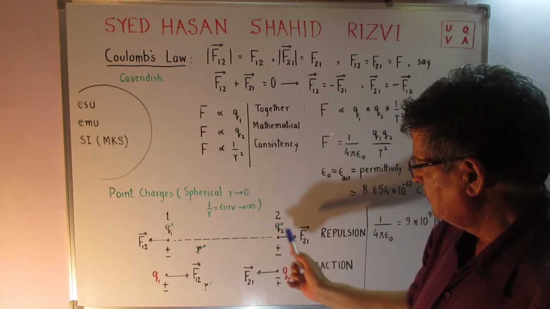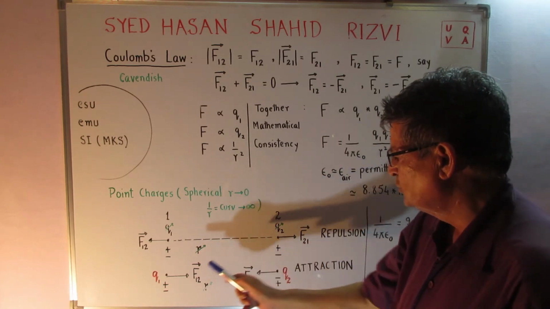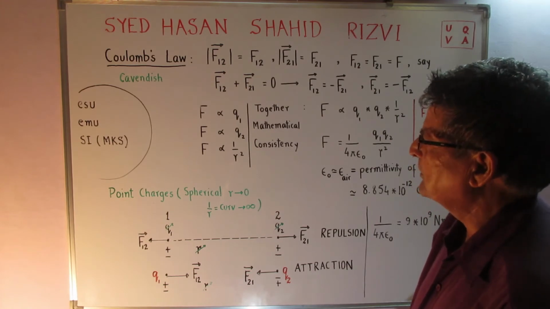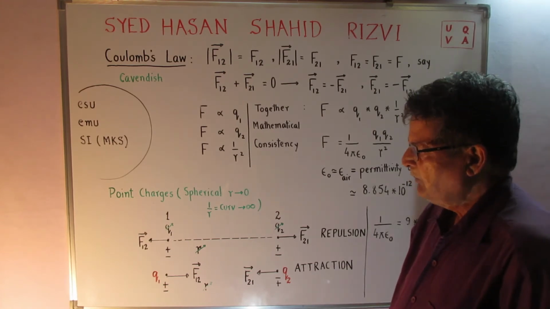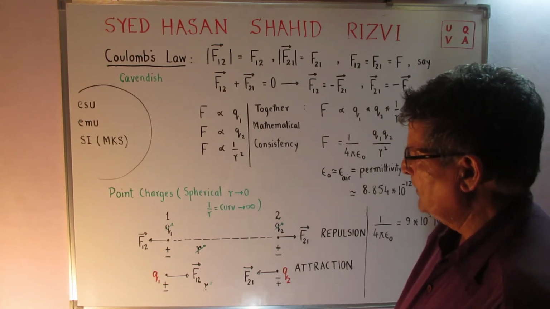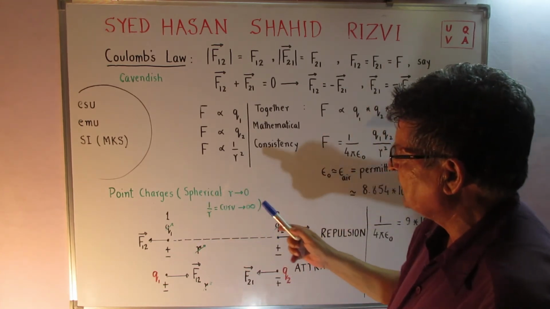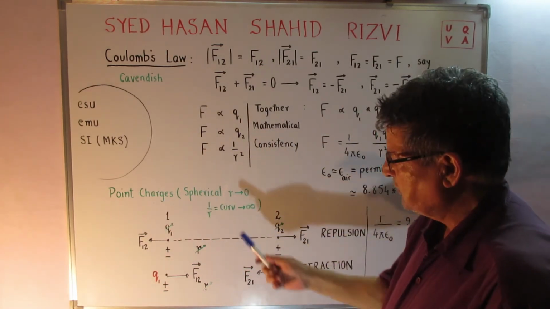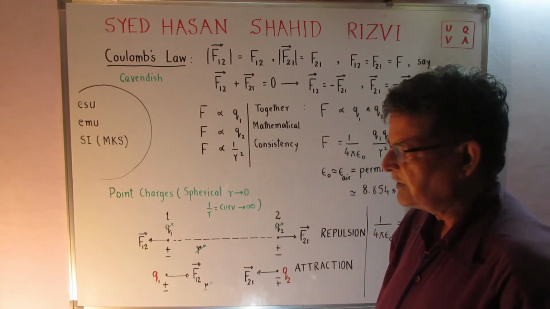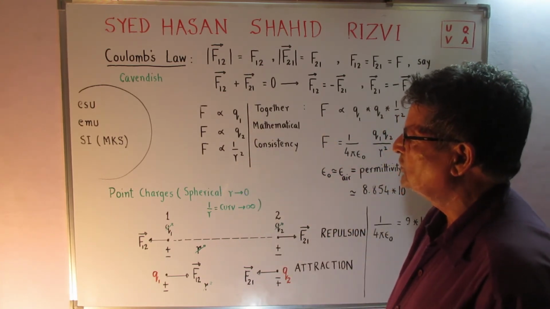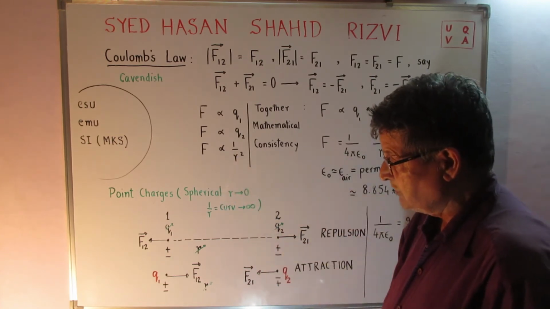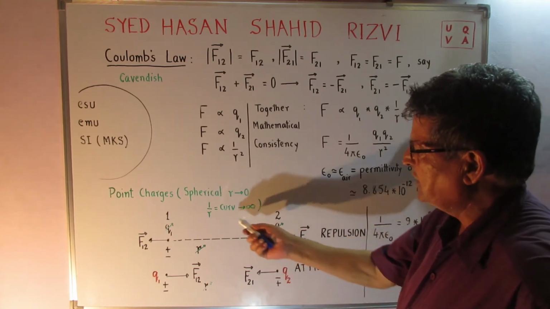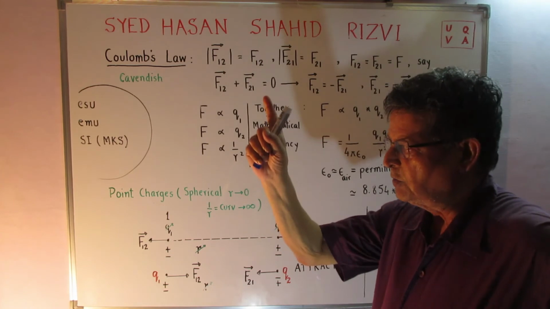Now, I told you that these are two charges put here and here, Q1 and Q2, positive or negative, whatever. But one thing I must tell you, that our charges under discussion are point charges, which are spherical in shape, with the radius tending to 0, and 1 upon radius, which is curvature, tending to infinity, because curvature times the radius of curvature is equal to 1.